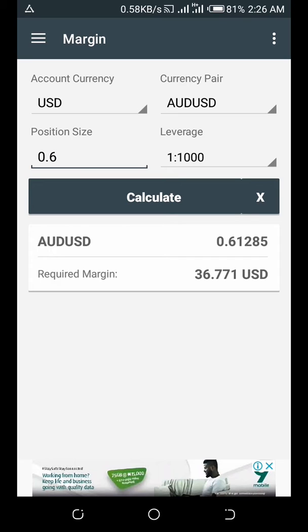The reason is that during a fundamental event, the brokers increase the spread. With the increase in spread, if you use a lot size with that exact required margin, it is going to hit you out of the market. That's the reason why you have to have more than your required margin in the market. Do you understand? That is if I'm using AUD/USD.